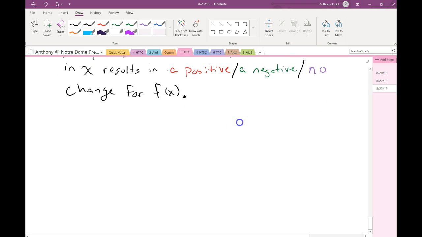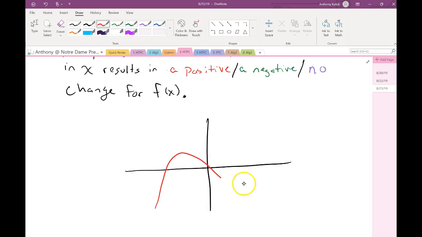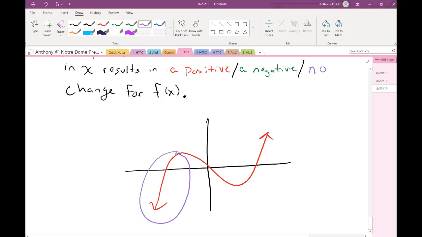Let's draw a picture just to make sure we're clear. So let's say we have a function that looks like this. Everybody okay with that? Hopefully you can see that this section is increasing. Everybody agree with that? If you imagine you're a little man walking along the graph, at that point you'd be walking uphill, you're increasing.